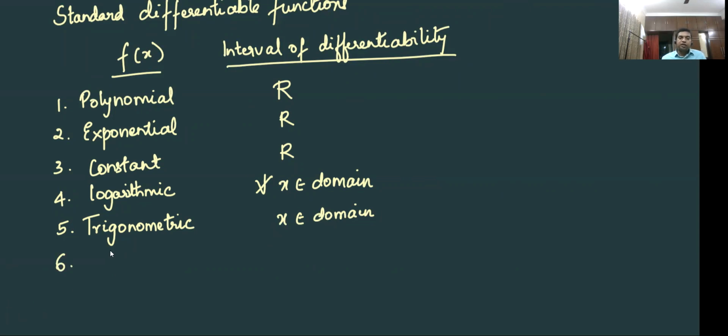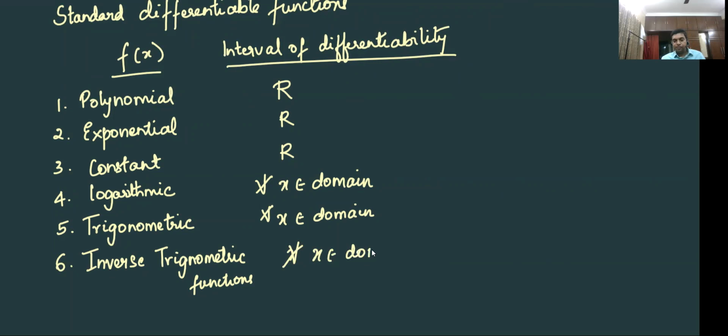So trigonometric functions are differentiable and inverse trigonometric functions are also differentiable. All have smooth curves. They are differentiable for all x belonging to the domain.